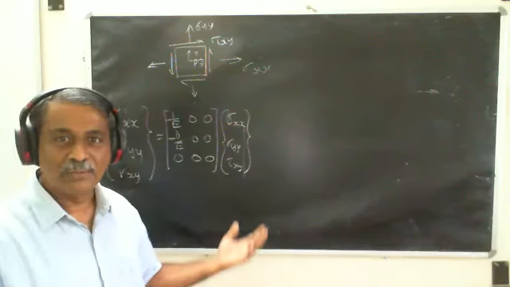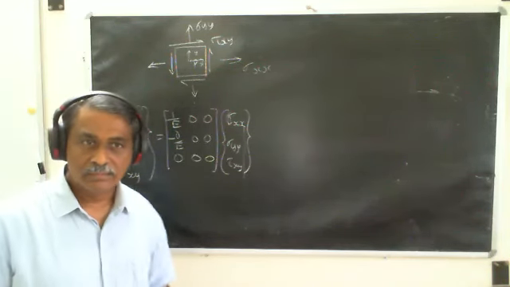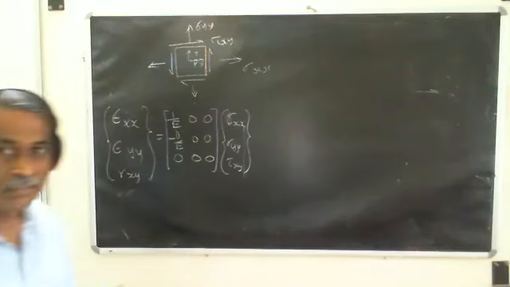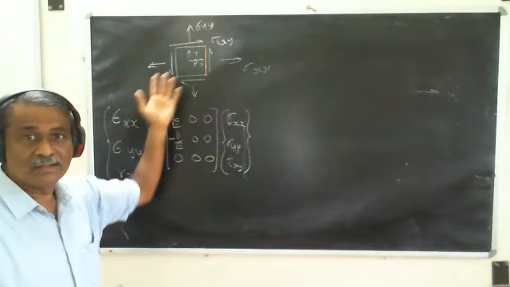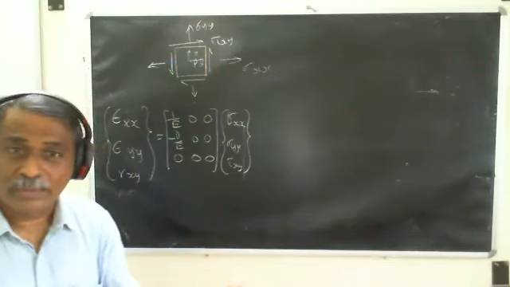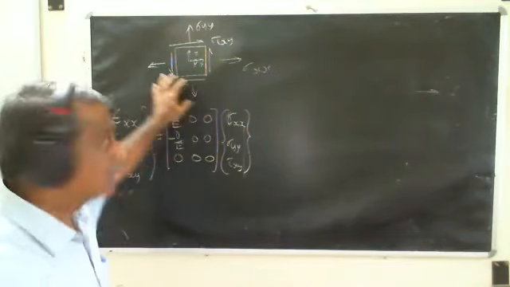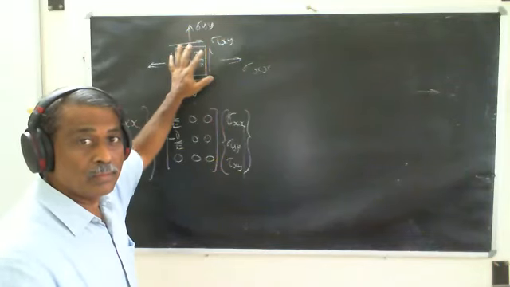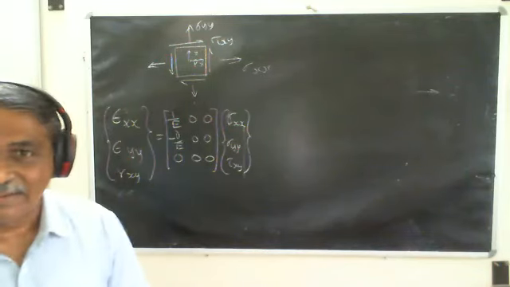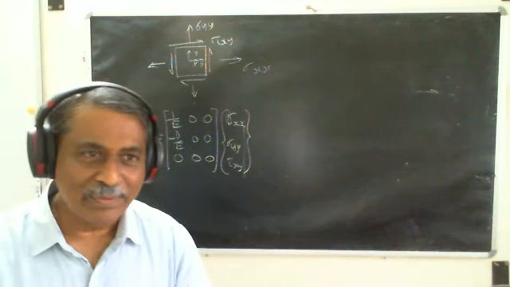What shall I do? Sriraj, what shall I do? I have a general case here. I also know that there is superposition possible. Can I combine these two and get an idea of how to now write for this general case? I'm asking a very simple question.